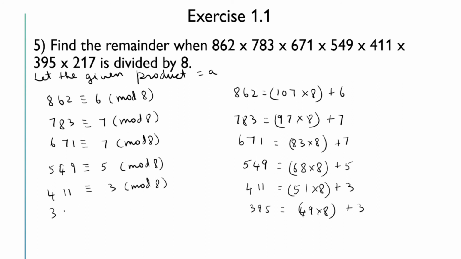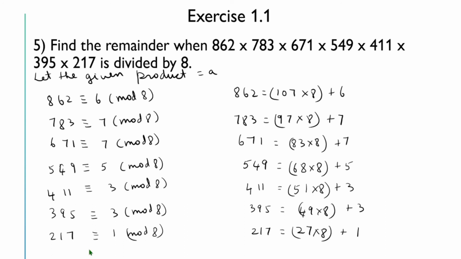So we have 395 congruent to 3 mod 8. The last number is 217. When we divide by 8, we get quotient as 27 and the remainder as 1. So we have 217 congruent to 1 mod 8.